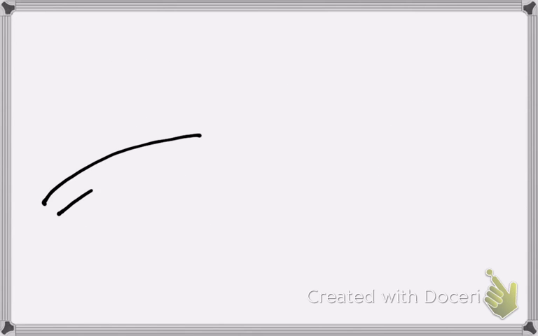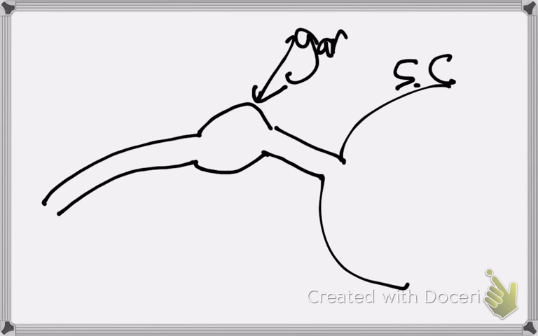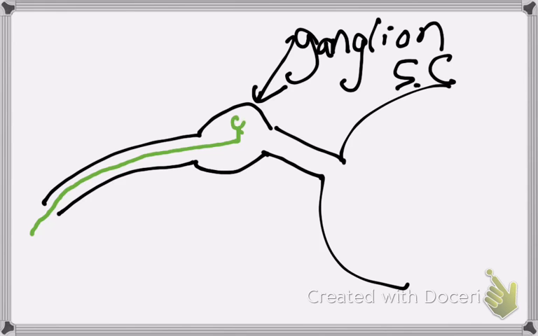So here is that posterior or dorsal root again. And here it is coming into the spinal cord. That is the ganglion. Ganglion just means knot, like a knot on a thread. And if I drew the part of the reflex arc that y'all are learning today, then we would see that sensory axon coming in here. That's where the unipolar neuron cell body is.